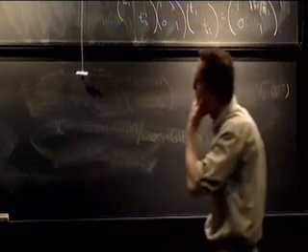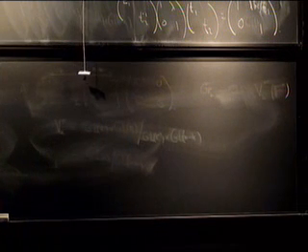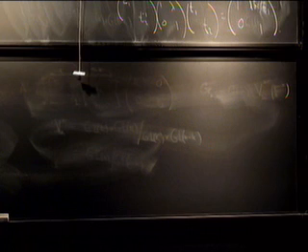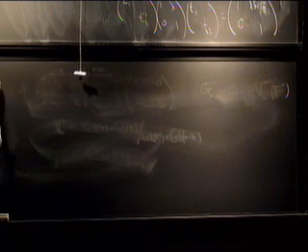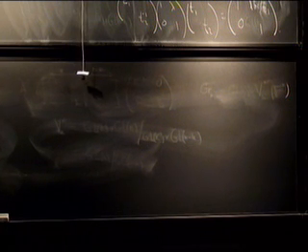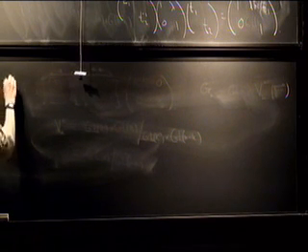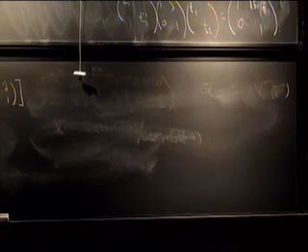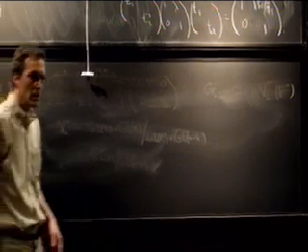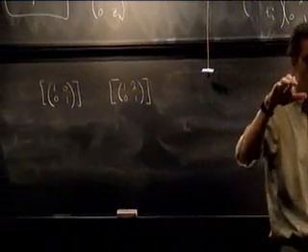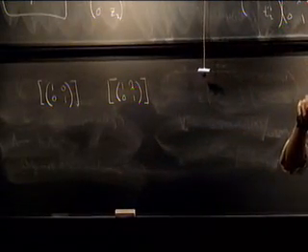Now, why is that a problem? Well, let's consider the equivalence class of this matrix under conjugation, and let's consider the equivalence class of this one under conjugation, where lambda is not 0. So these are clearly two different points.